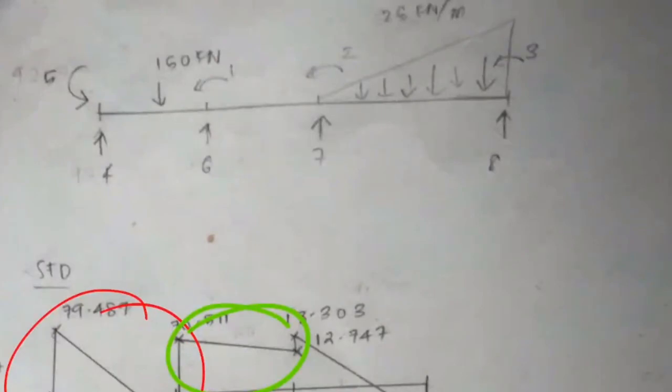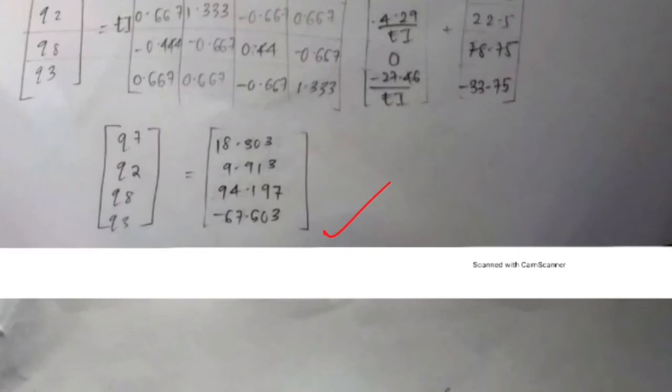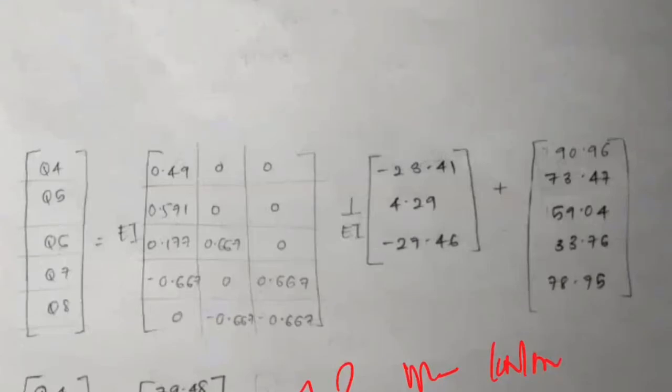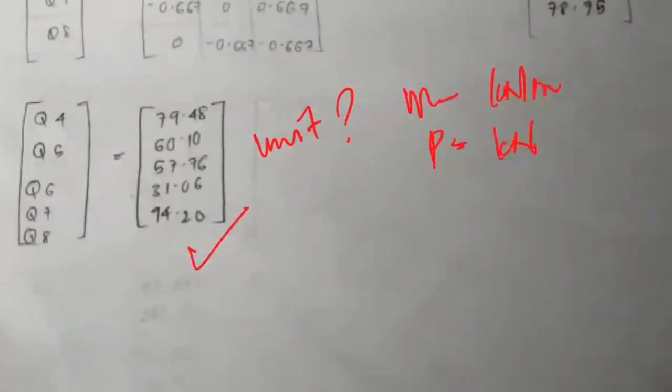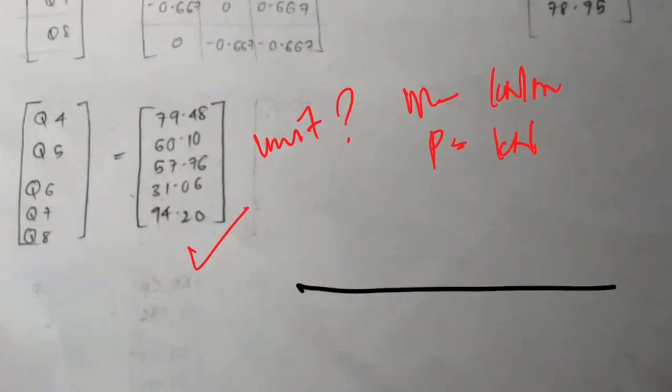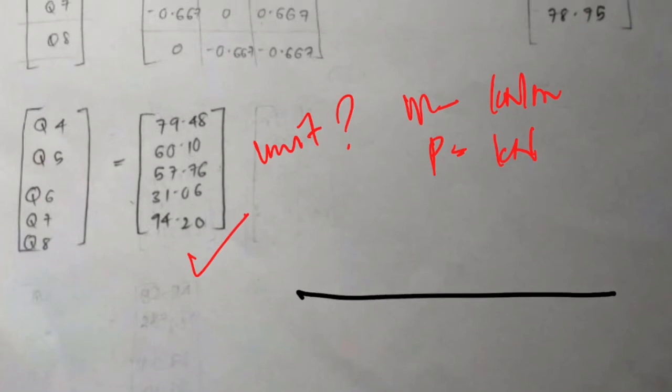Okay, let's check the value together, if this is the correct one. This is the beam. Q4, 5, 6, 7. Okay, where is the question?